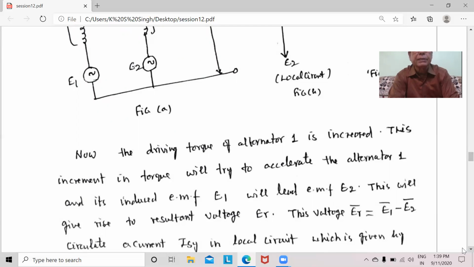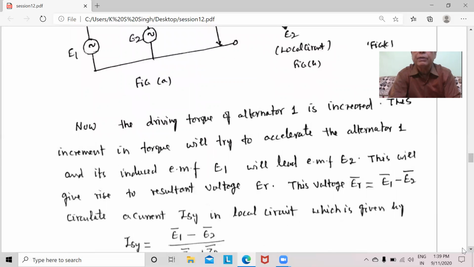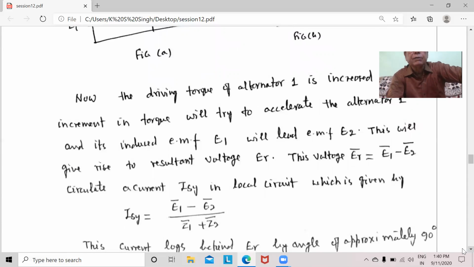This will give rise to a resultant voltage ER, equal to the phasor difference E1 minus E2. It circulates a current Isy in the local circuit, given by the expression Isy is equal to the phasor difference E1 minus E2 upon the phasor sum Z1 plus Z2.